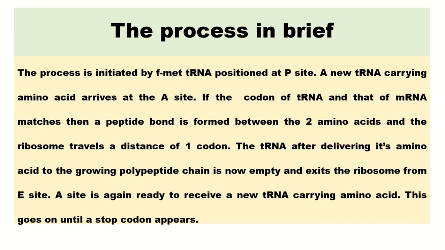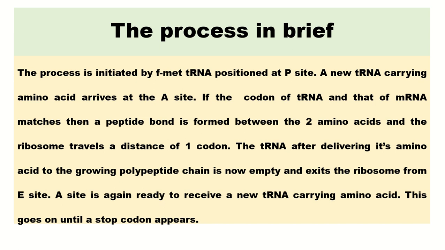If the codon of tRNA and that of mRNA matches, then a peptide bond is formed between the two amino acids and the ribosome travels a distance of one codon. So as the ribosome moves a distance of one codon, what will happen? The position changes. Fine. The tRNA, after delivering its amino acid to the growing polypeptide chain, is now empty and exits the ribosome from the E site.